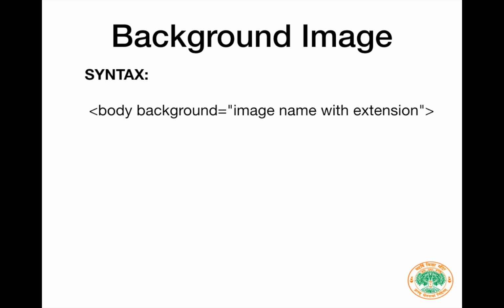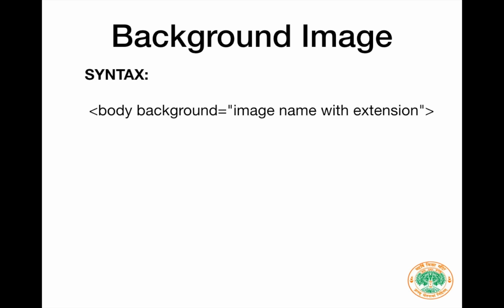So always, if the name of the image is ABC, at first you have to see what is the extension of the image ABC. If it is a JPG image, you have to give abc.jpg. If it is a PNG image, you have to give abc.png. One thing you should keep in mind is that it is recommended that whatever image you want to set as the background, you keep it in the same folder. I am repeating it.